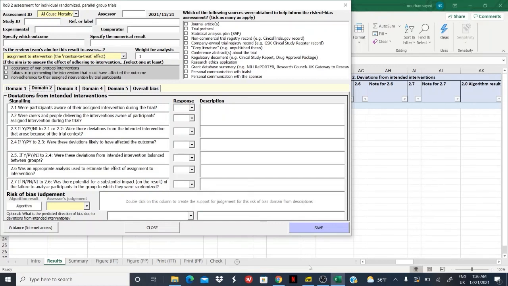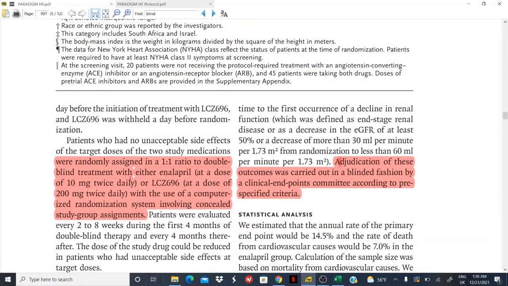So if you go over to the trial, in the methods section, you'll see that they say the participants were randomly assigned in a 1-to-1 ratio to double-blind treatment. Now, ordinarily, the word double-blind treatment is not sufficient to say that the trial was definitely blinded, because the blinding might be subverted, or it might not have been carried out properly.